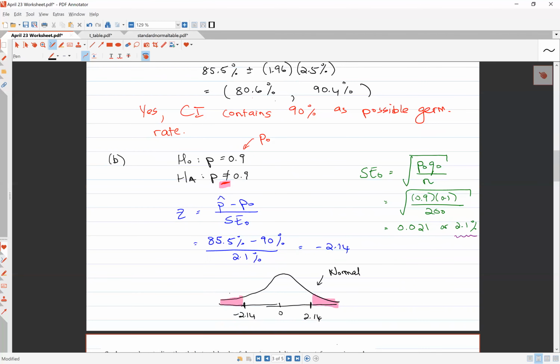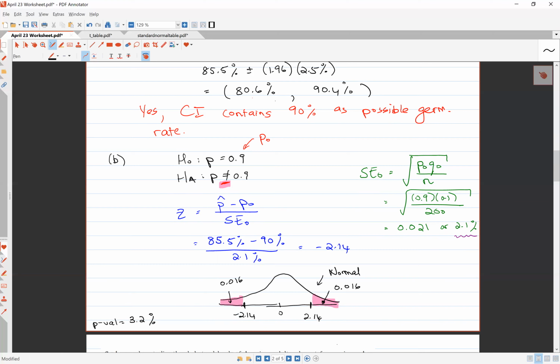So that's telling us the area to the left of negative 2.14 is 1.6%. But by symmetry, the area to the right is also 1.6%. And that means, in this case, our p-value is 3.2%. It's just 1.6 plus 1.6.